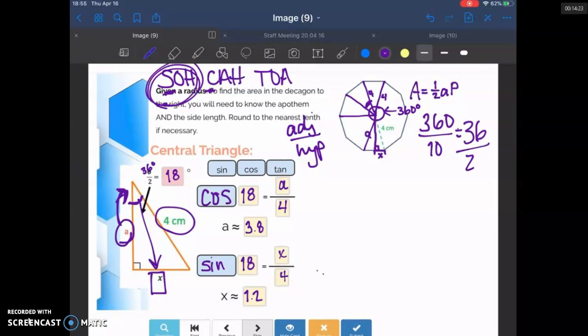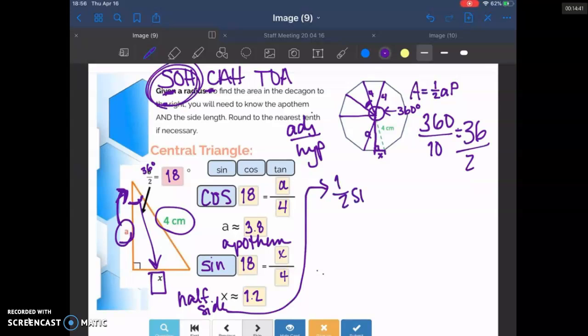We know that x is our half side, and we know that a is our apothem. So let's take our half side and find the perimeter of this whole decagon. If a half side is 1.2, then a whole side is double that, 2.4.